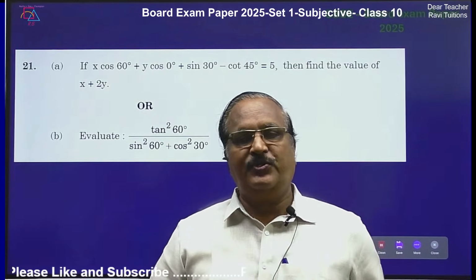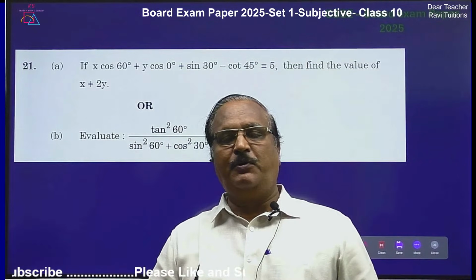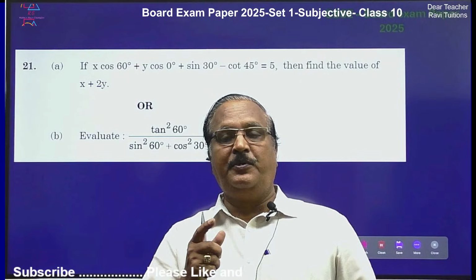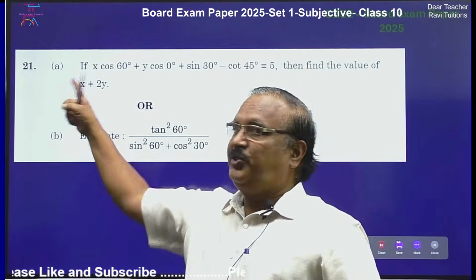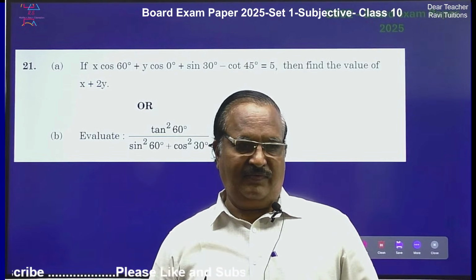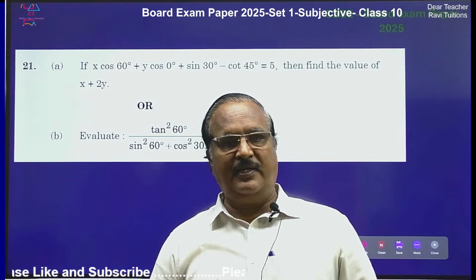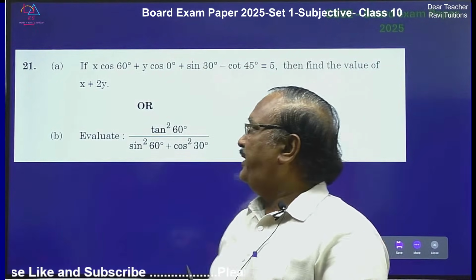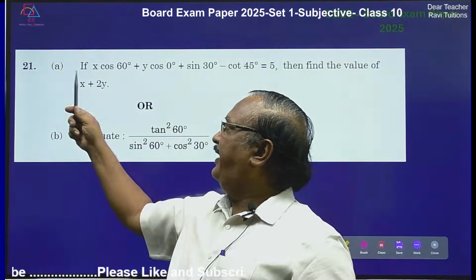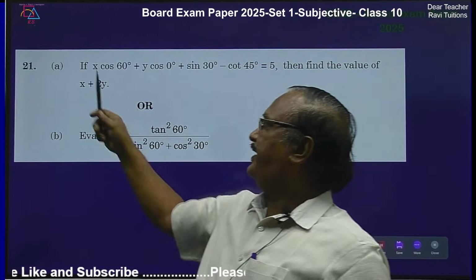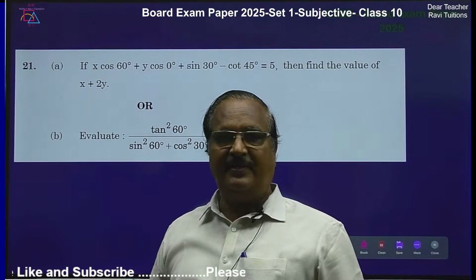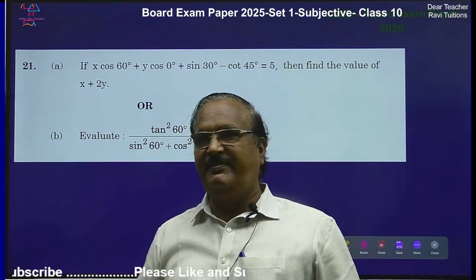In the examination paper you have to be very careful about writing the question number correctly. If you do not write the question number correctly, sometimes your marks will skip. So be careful. If you are doing the first one, write 21A. If you are doing the second one, 21B.